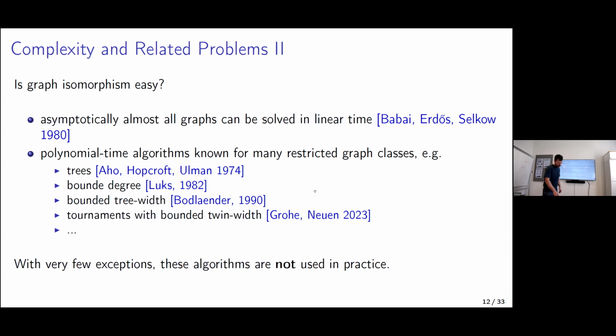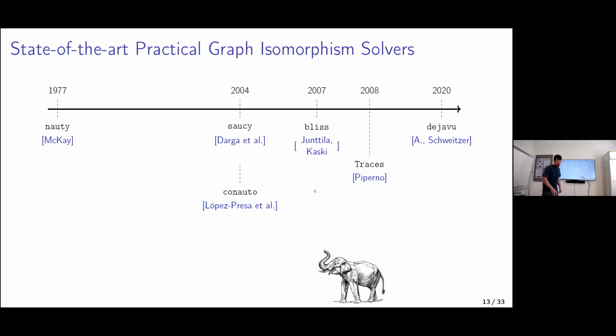Okay. But it should be noted, and I want to talk about practical algorithms, that with very few exceptions, these specialized algorithms are not used in practice. They're more related to some other kind of theoretical framework that's not really practical. So they're just not efficient, or they're too convoluted, but we don't need them because simpler algorithms work in practice.